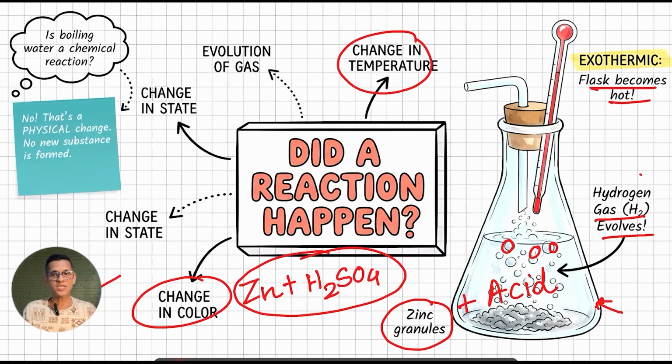So change in temperature, change in color, smell being released, or bubbles in the test tube, all these are signs that a chemical reaction is happening. If you don't see any sign, if no bubbles are formed, if the temperature isn't increasing or dropping, if there's no gas release, if there's no color change, maybe the substances are not reacting with each other, which is also possible.